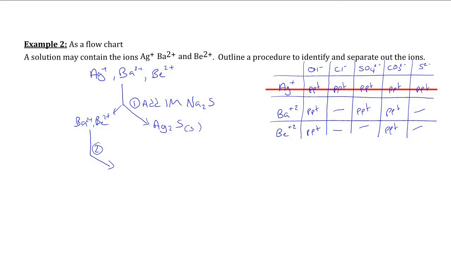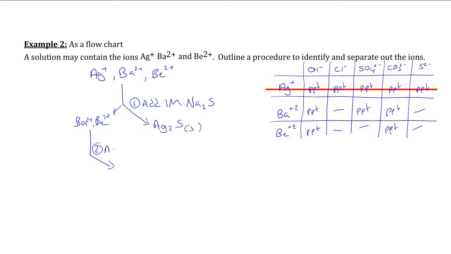When we look through, the hydroxide won't work because it would precipitate both. Chloride wouldn't work, it won't precipitate either. We've already used the sulfide, so we know that's out of our list of things to use. And carbonate precipitates both, so no good. So we're left with the only option this time: to add the sulfate, which would precipitate out the barium.